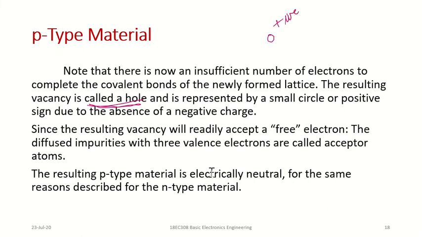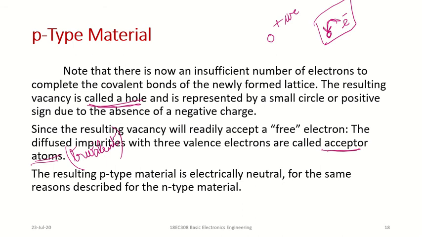These impurities are called acceptors. Why are they called acceptors? Because a hole is there, it is ready to accept an electron. Trivalent impurities are called acceptors. Pentavalent impurities are called donors, because they donate an electron. Here one empty vacant seat is there, ready to accept the electron.